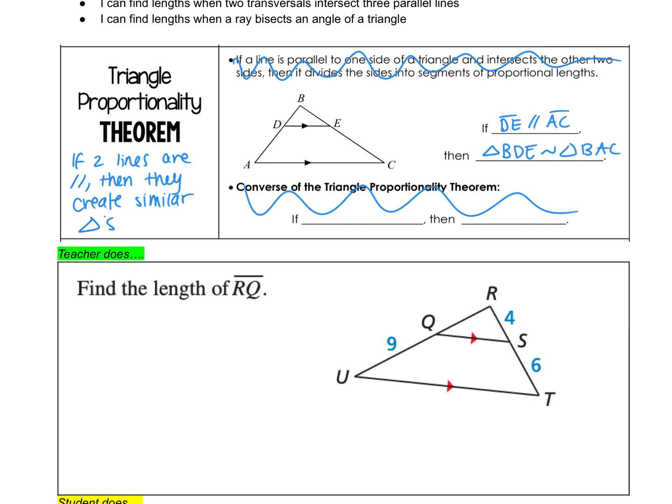So if we were to do this example right here, it says find the length of RQ. So I'm going to put an X there. Okay, so we know that triangle RQS is similar to the big triangle, which is triangle RUT.